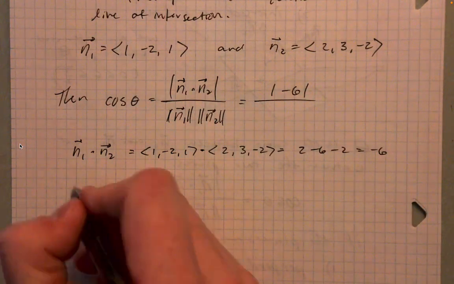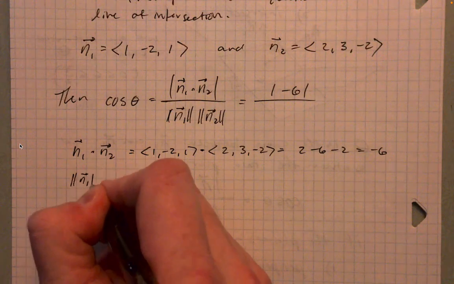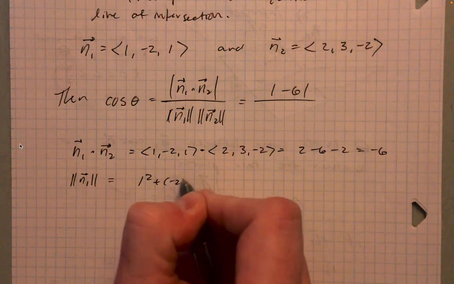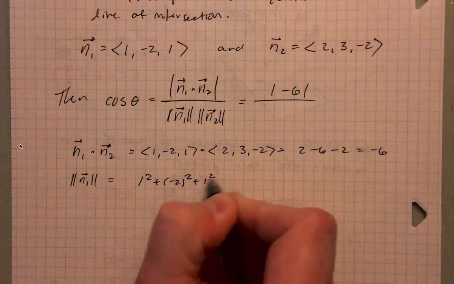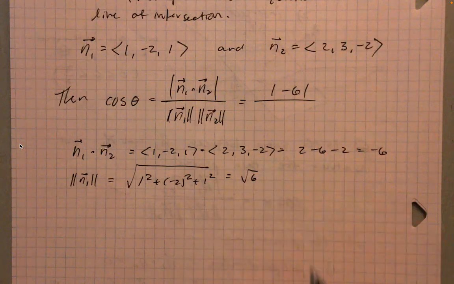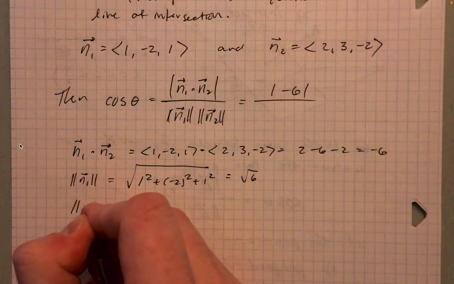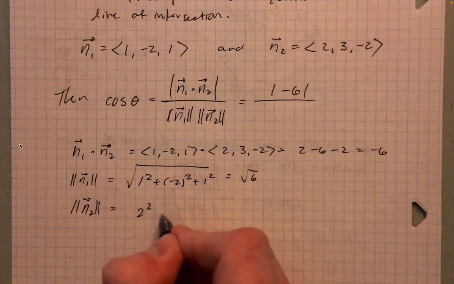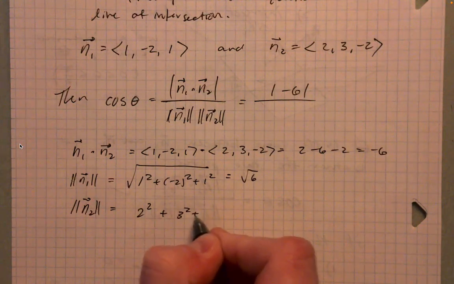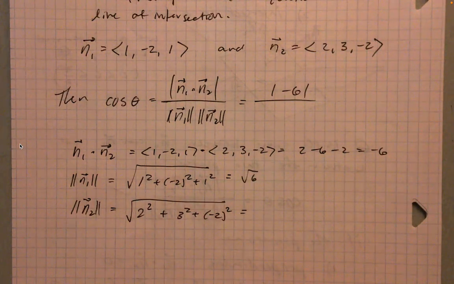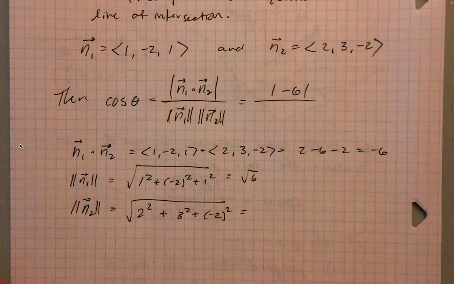And then what are the norms of the two vectors? n1 norm is 1 squared plus -2 squared plus 1 squared again. So it looks like you get square root of 6. And n2 norm is 2 squared plus 3 squared plus -2 squared, and so that's 9 plus 4 plus 4.